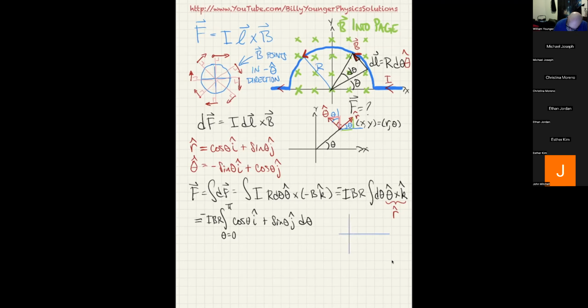For instance, cosine goes like that, that's cosine. So if you go to pi, which is right here, I think you can see that this, despite my bad drawing, is in fact 0.